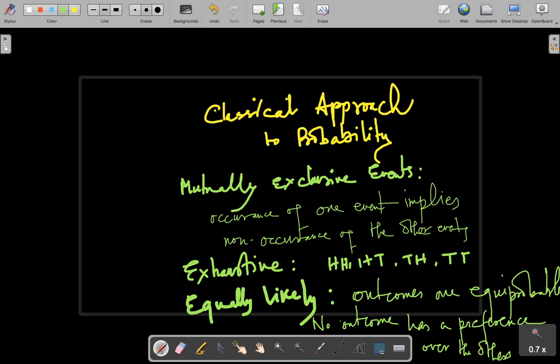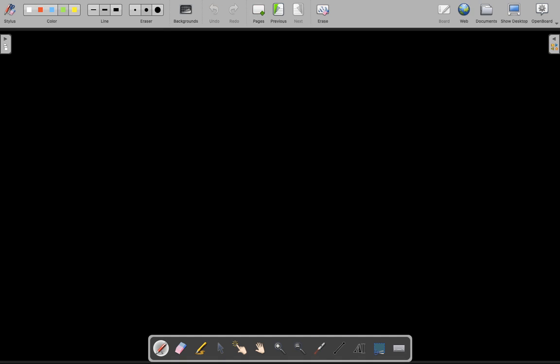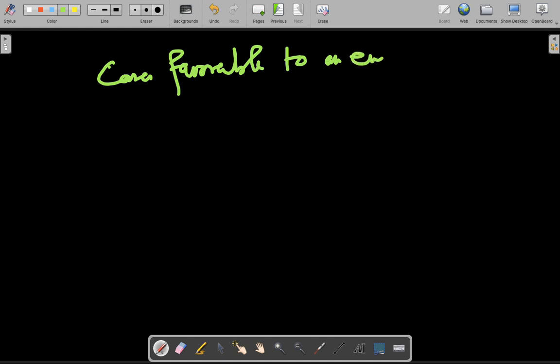Another term that we will often use is cases favorable to an event. What it means is, among all the possible outcomes of a random experiment, those cases which entail the occurrence of an event A are called cases favorable to an event.